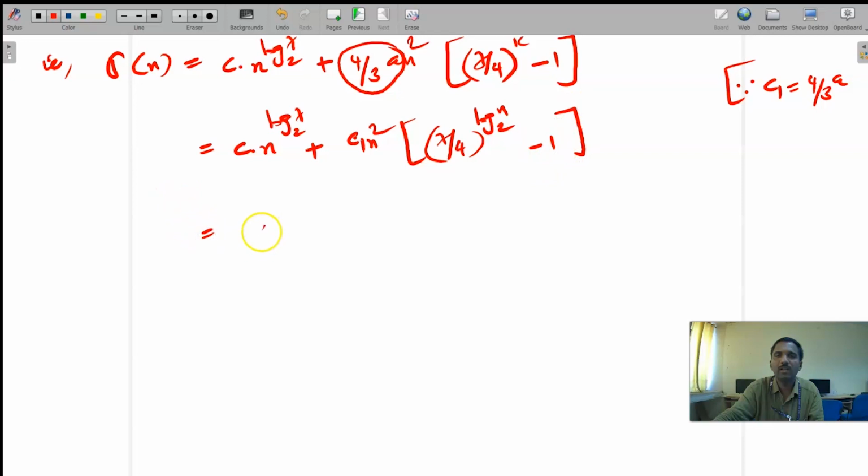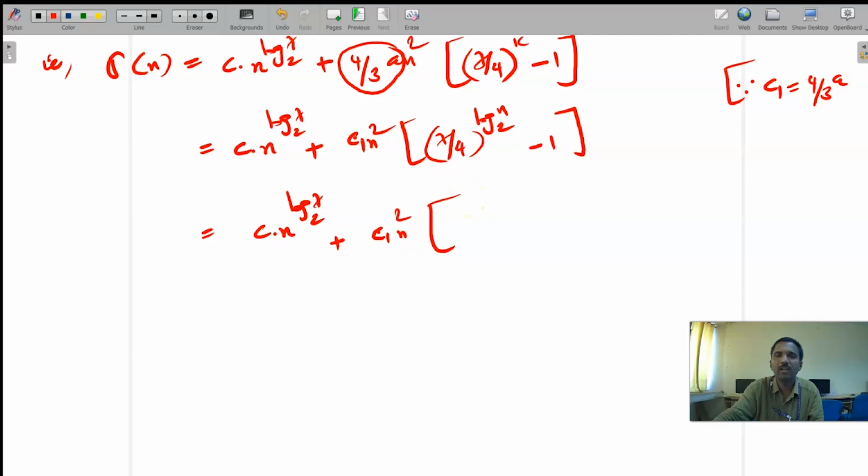Simplifying one step further, c into n power log 7 base 2 plus c1 n square. Now 7 by 4 whole power log n base 2.